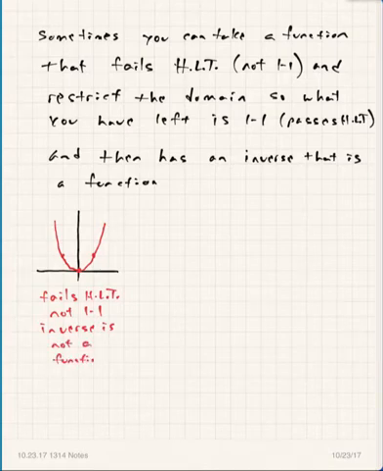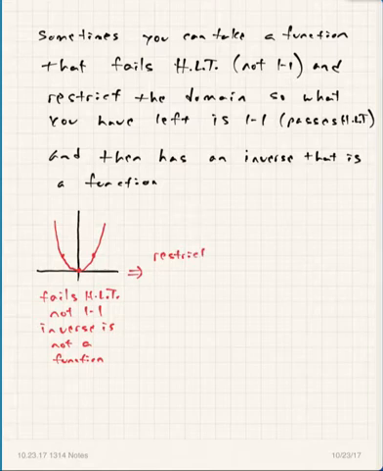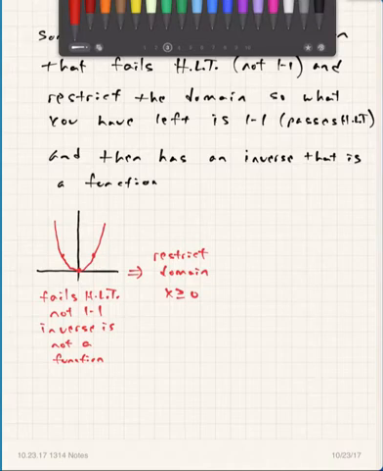Right? And so what we do is we take this graph and we restrict the domain. And what we do is we restrict it to x greater than or equal to 0.